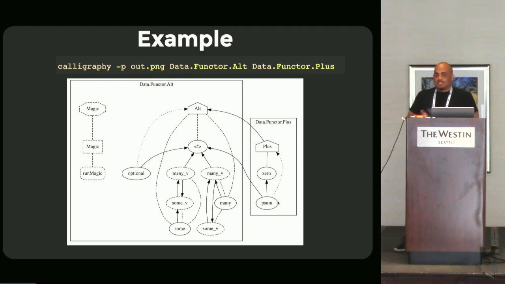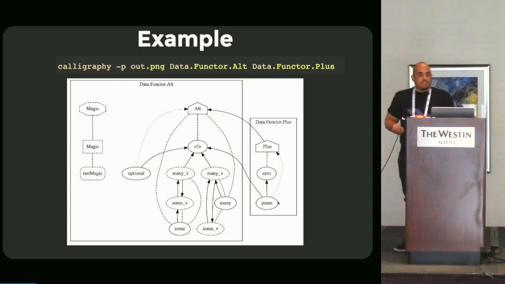And as previously mentioned, the house node is a type class, the octagonal node is a type constructor, the rectangular node is just a regular constructor, the ovals are just values. The rectangular node with the rounded edges are records. And the arrows, there are three types of arrows.